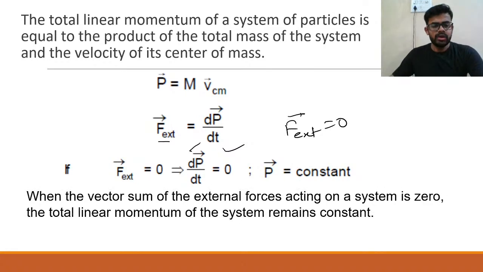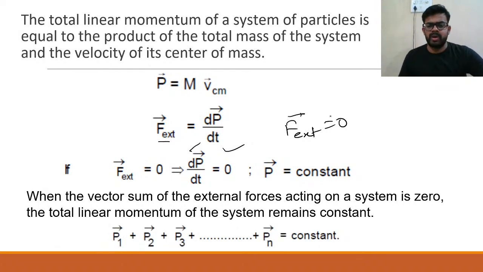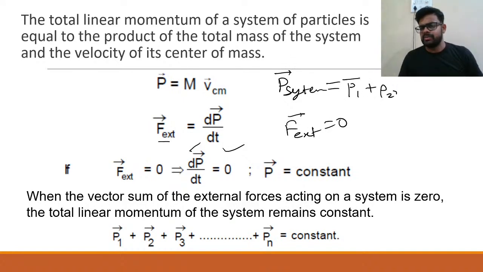So when the vector sum of the external forces acting on a system is zero, then the total linear momentum of the system remains conserved. This is only the law of conservation of momentum. So what is the momentum of the system? It is the sum of the momenta of the individual components of the system, P1 plus P2 plus so on, and momentum is a vector quantity, so we write it in vector form.